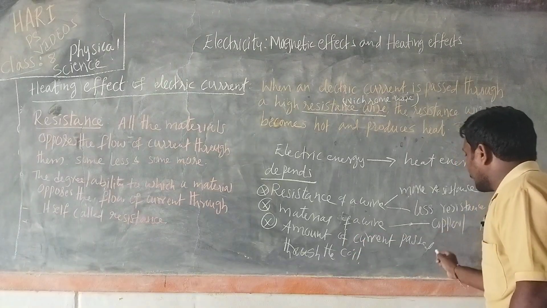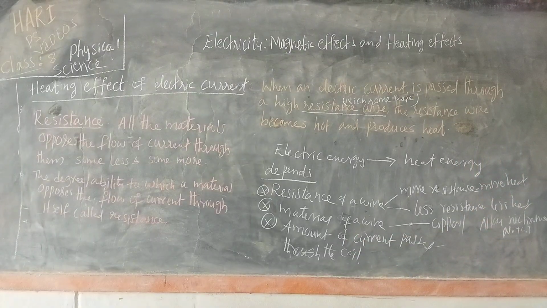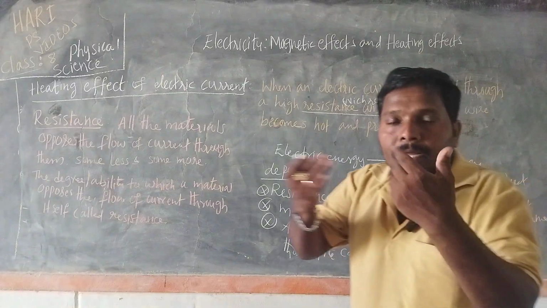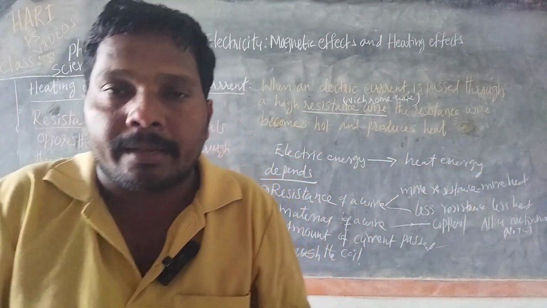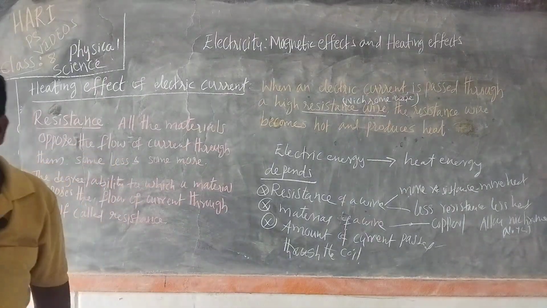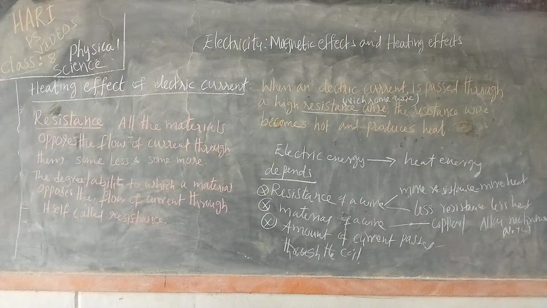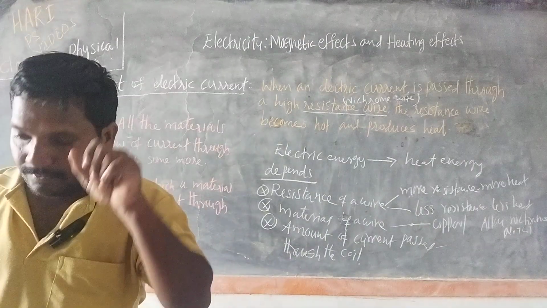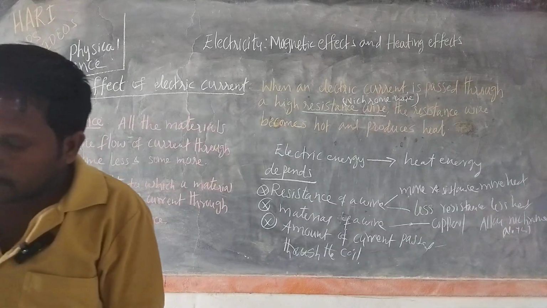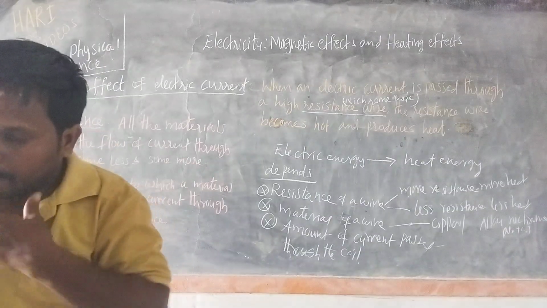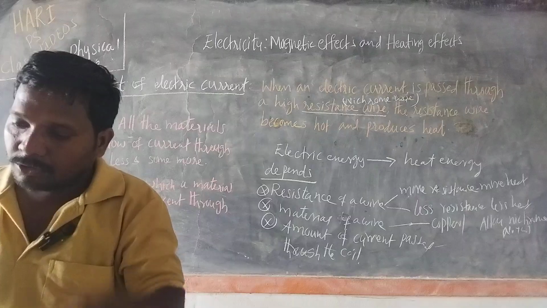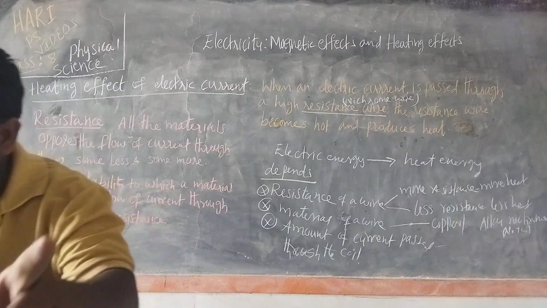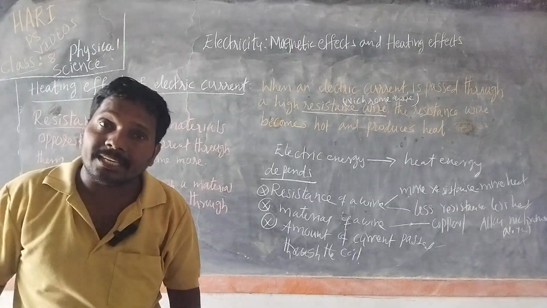Then the amount of current passed through it, how much electric current is passed through it. The more electric current is passed through a metallic wire, the more heat energy is produced. That means a small current passing through a wire produces less heat, but a large current passing through the same wire produces much more heat.